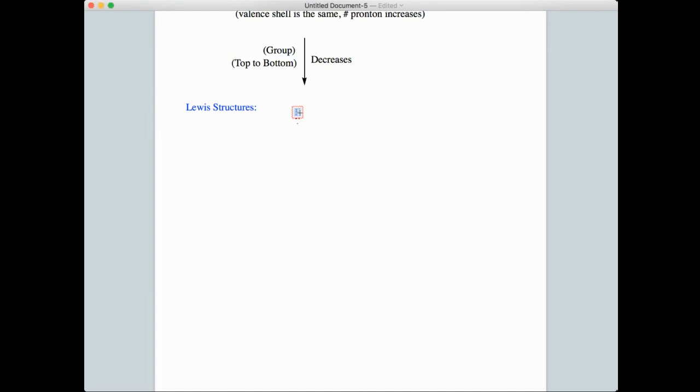Fluorine is in group 7, so if we're going to draw the Lewis structure for an atom of fluorine, we are talking about adding 7 dots, because there are seven valence electrons in fluorine, and that you can apply to any other atom of the periodic table.